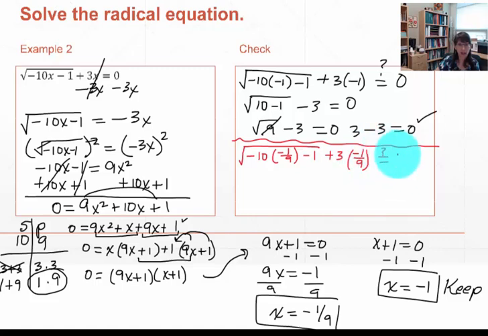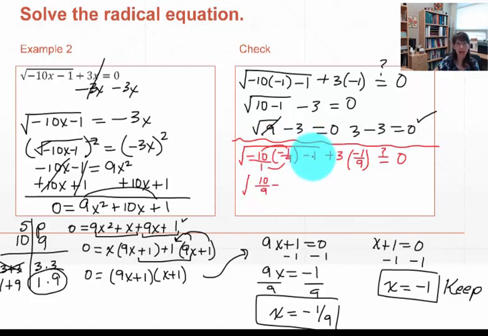And we're checking to see if that is equal to 0. All right, multiplying negative 10 times negative 1/9, you might want to think of negative 10 as negative 10 over 1. Negative times negative makes a positive number, so under the radical so far, we would have 10/9 minus 1.